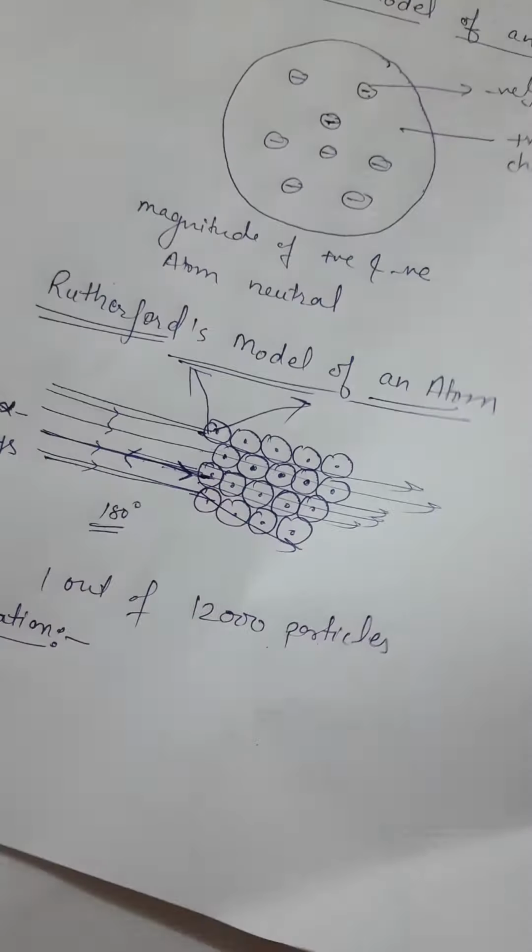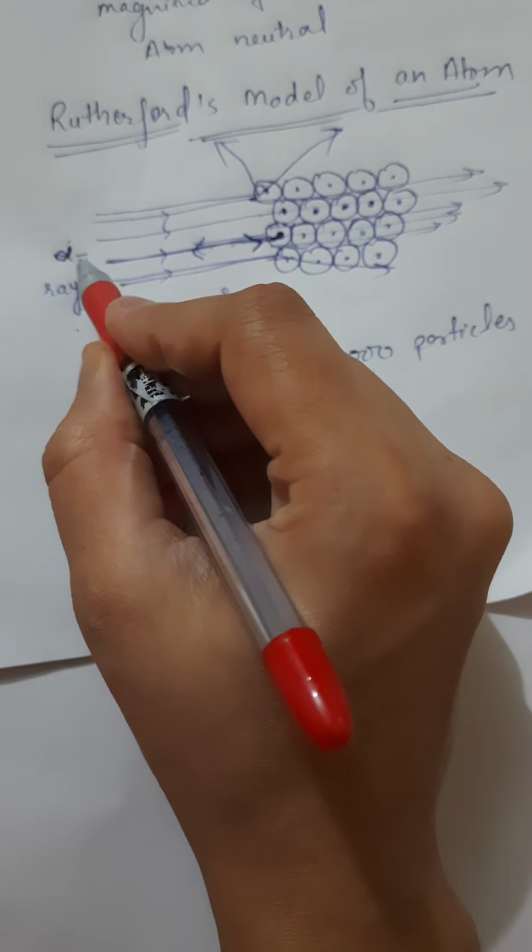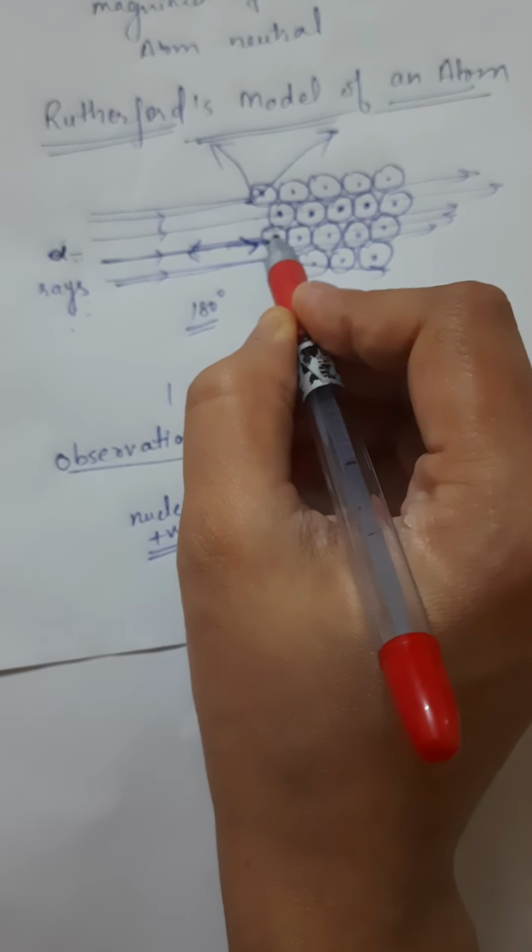So from here he concluded that atom is like this. In the center there is a nucleus, and in the nucleus there is positive charge. Why positive charge? Because he was using alpha rays, which are positively charged radiations, and same charges repel each other. If they are rebounding back, it means they are striking a positive charge.